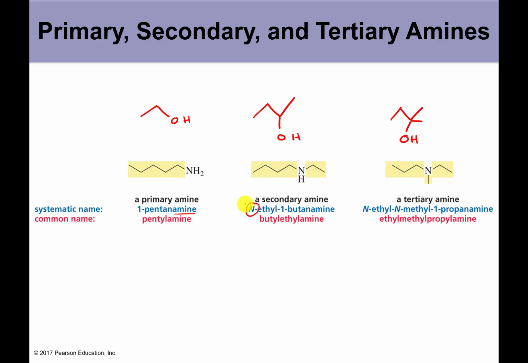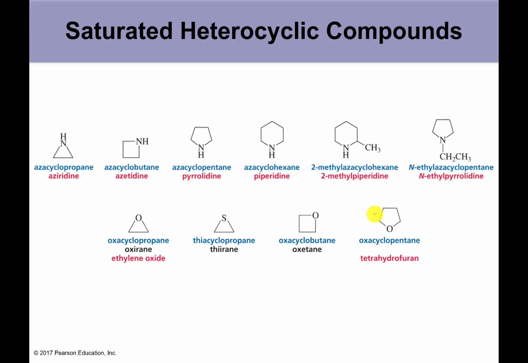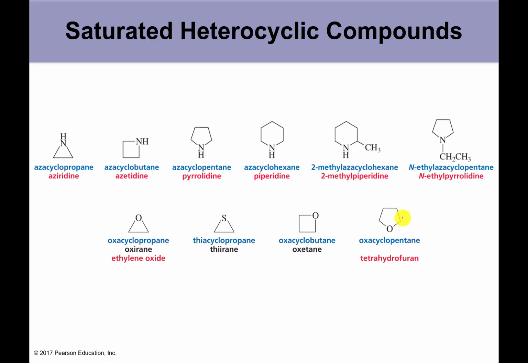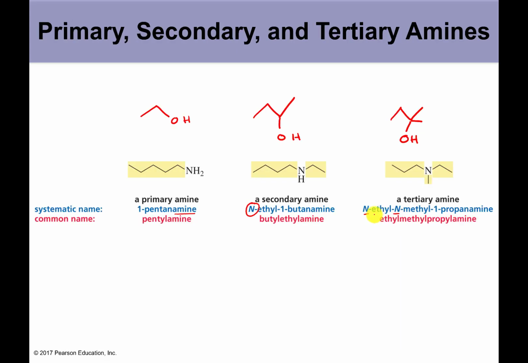And so this would be N-ethyl 1-butanamine. This would be N-ethyl N-methyl, because now I have two groups on the nitrogen, propanamine. I think I said amide before, sorry. The N again designates position, and then the substituents are listed in alphabetical order in the name.